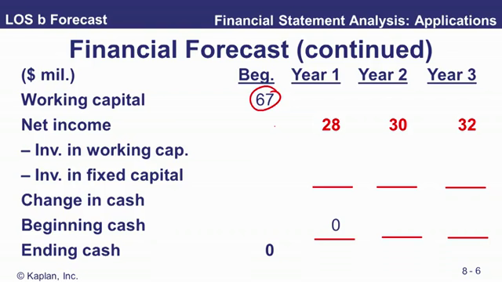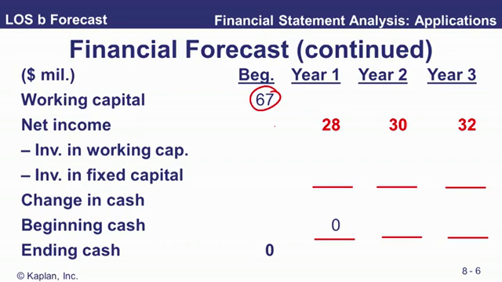Now, our investment in working capital. It said our non-cash working capital will be 70% of sales. If we look at sales in year 1, 100 million, 70% of that gives us 70 million.